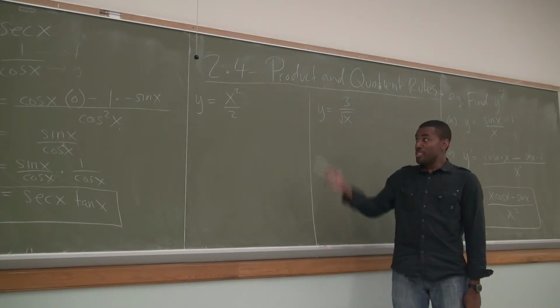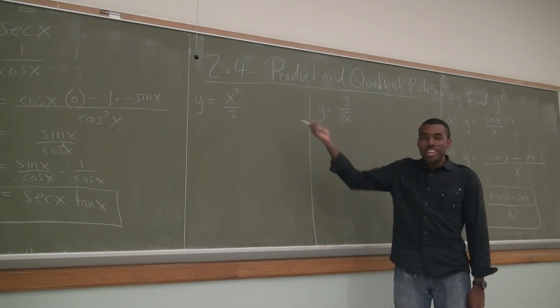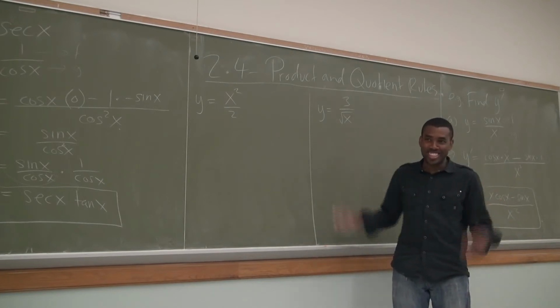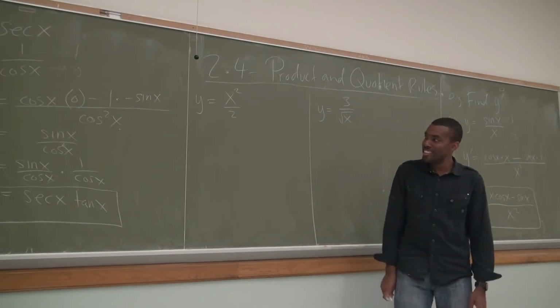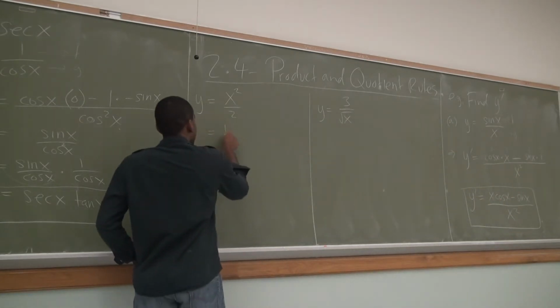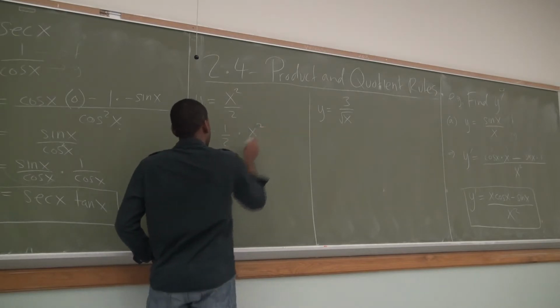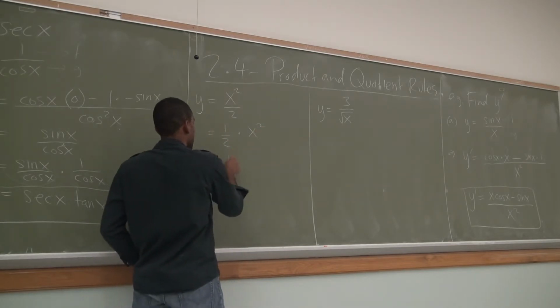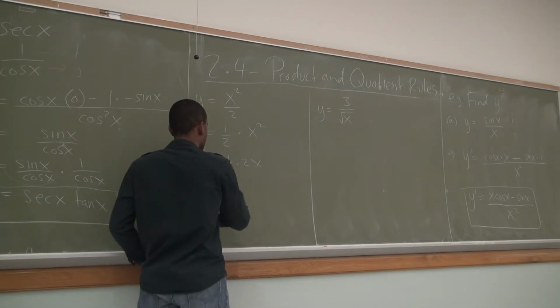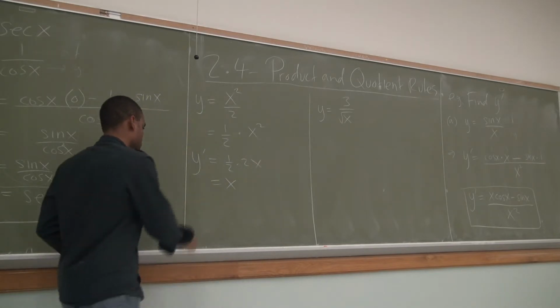You can use the power rule, right? Like right here, I would not use the quotient rule for this. It's just like a trick. This is just 1/2 times x squared. So y prime is just 1/2 times 2x, which is just x. Right? I would not use the quotient rule.